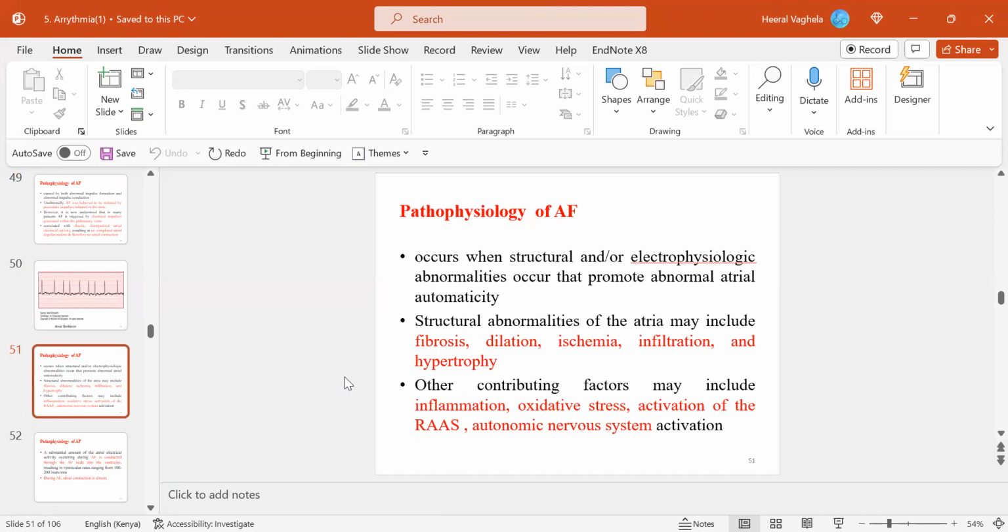If there are structural abnormalities of the atria, like fibrosis, dilation, or hypertrophy, atrial fibrillation can occur because these affect the SA node or the AV node. And of course, also if there is oxidative stress.